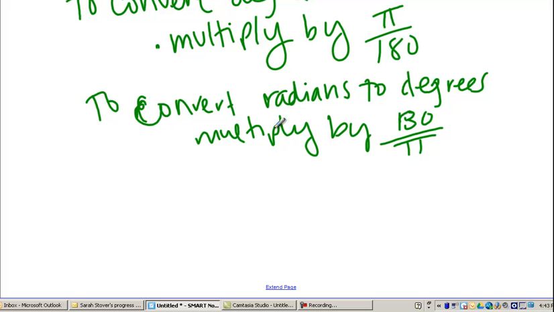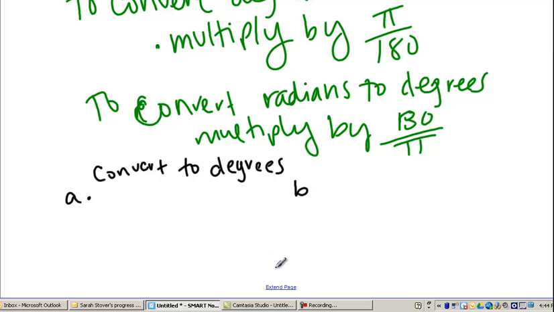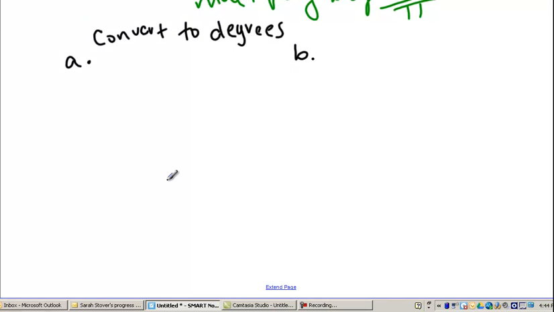Okay, let me just show you two examples. Make sure you're writing these down. So I'm going to say convert to degrees for A and B. And then I'm going to say convert to radians for C and D. All right, might want your calculator.